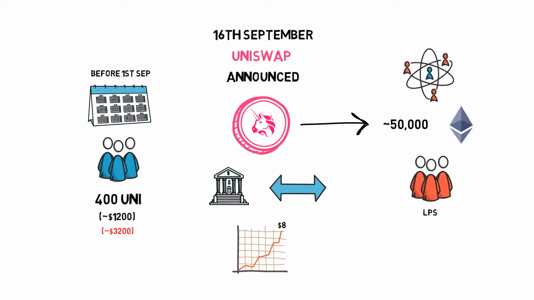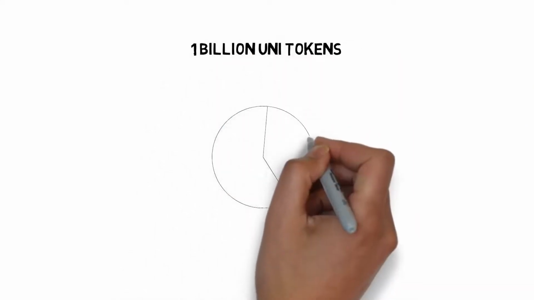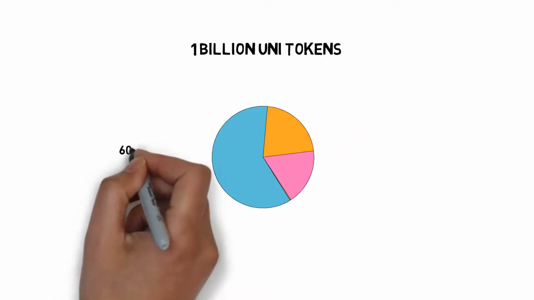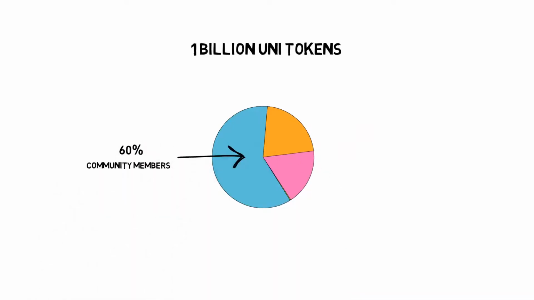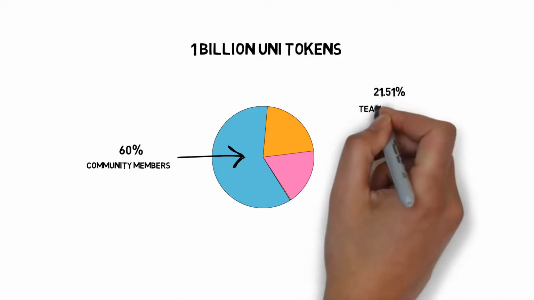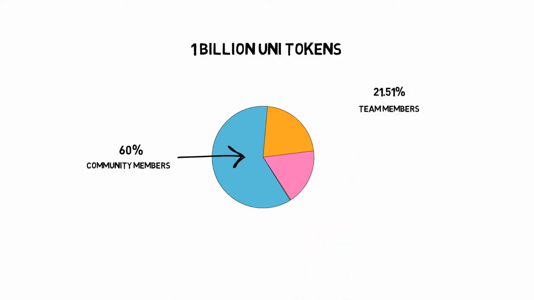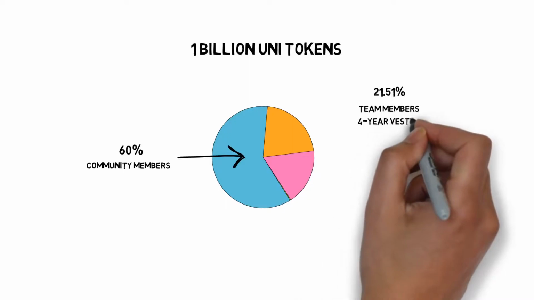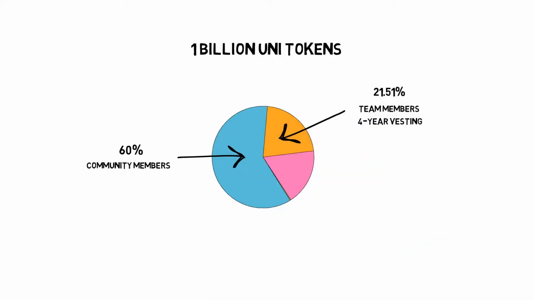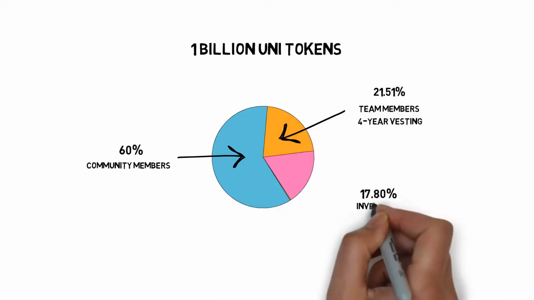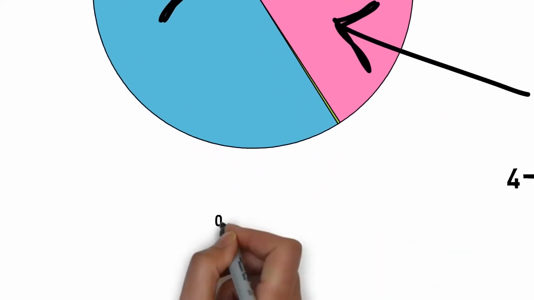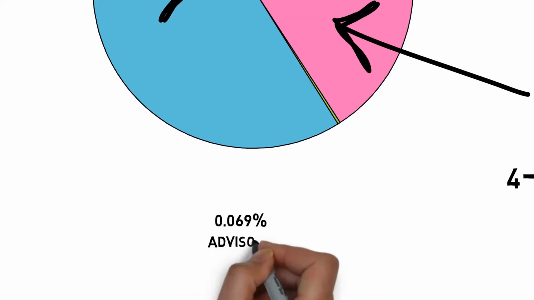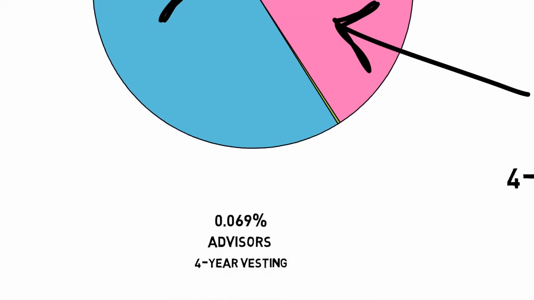A total of 1 billion UNI tokens was allocated in the following way: 60% to UNISWAP community members, 21.51% to team members and future employees with a 4-year vesting period, 17.8% to investors, also with 4-year vesting, 0.069% to advisors with 4-year vesting.